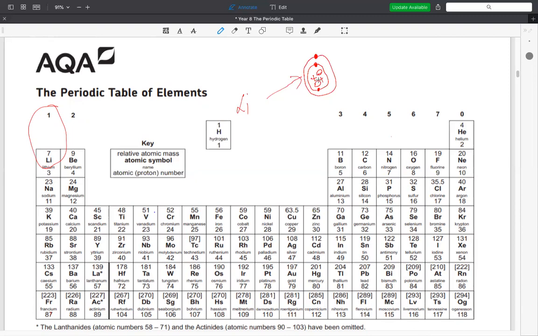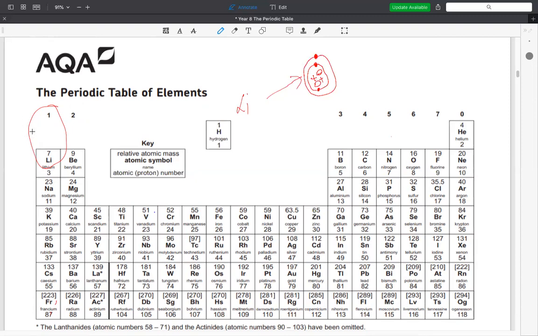And in sodium, again, the outer shell of sodium will have 1 electron. The outer shell of potassium will have 1 electron. The outer shell of rubidium, etc. So all the elements in group 1 will have 1 electron on the outer shell.